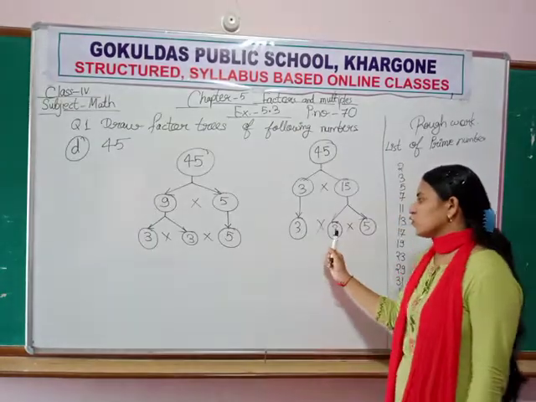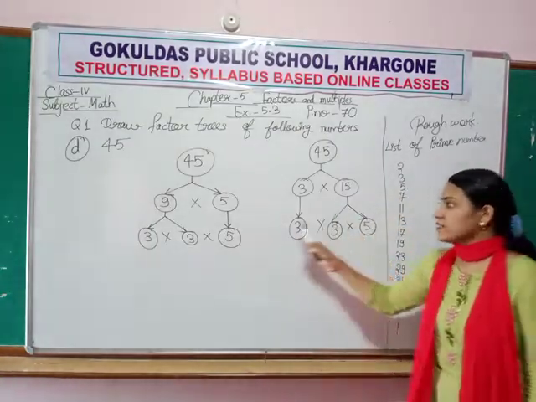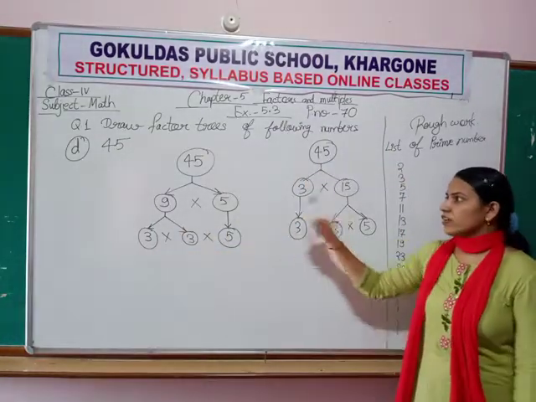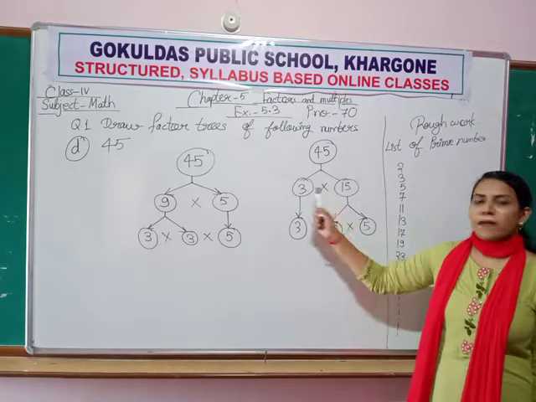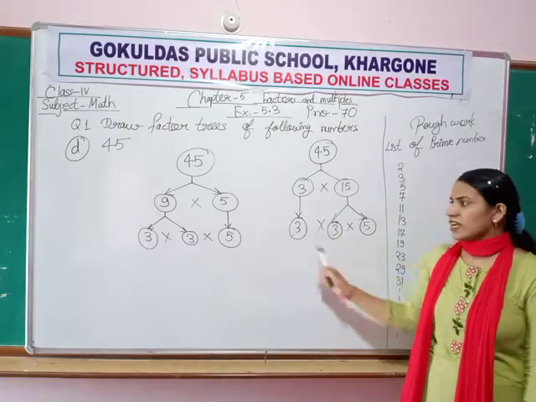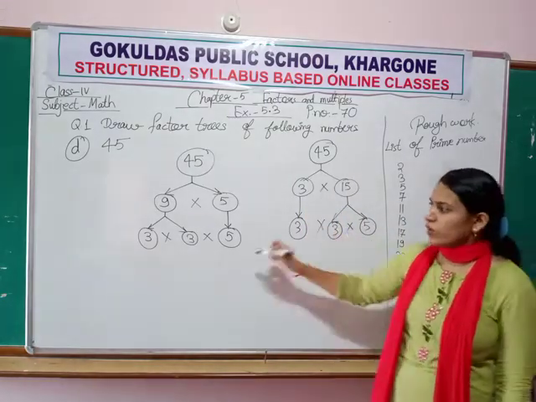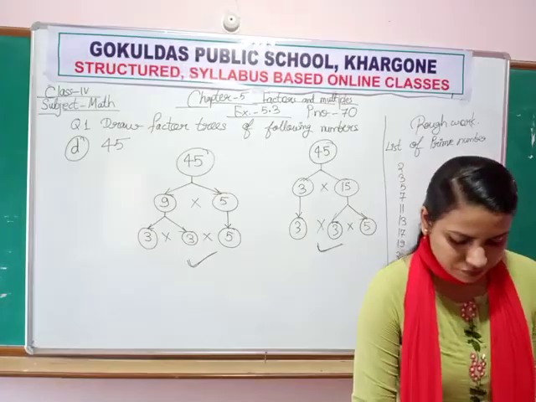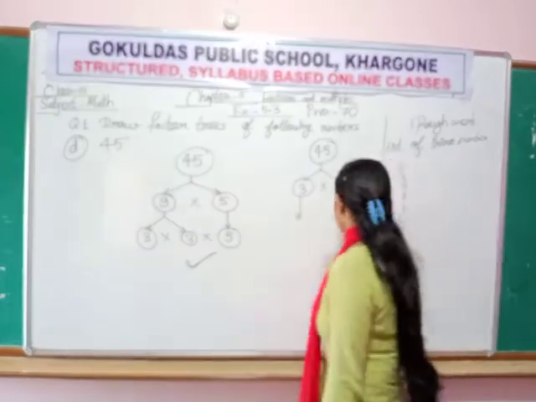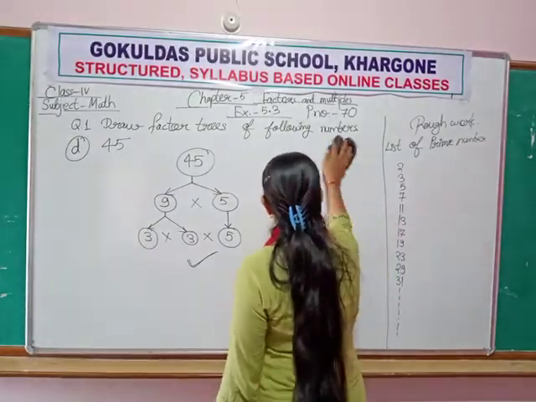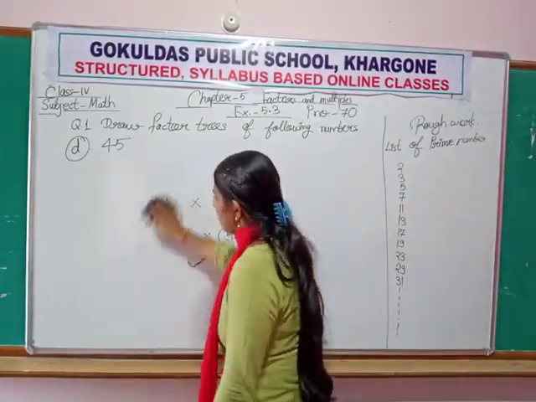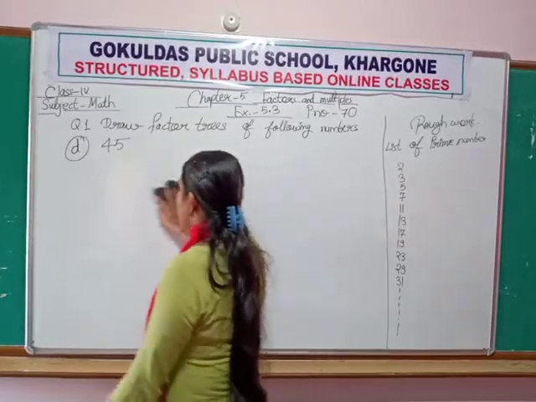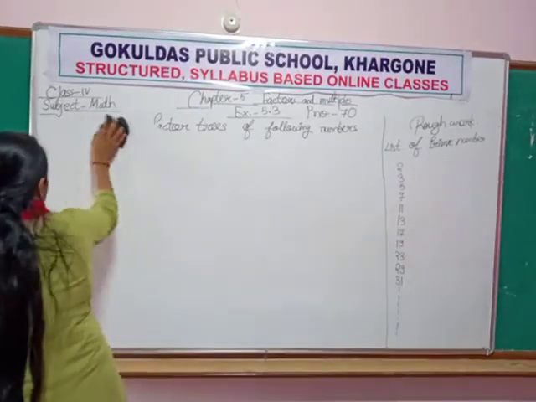So again 3 into 3 into 5. Our result is the same. Either our tree or the factor pair is different, but our result is the same. So you can draw this tree also and this also. So this is how we draw factor trees.